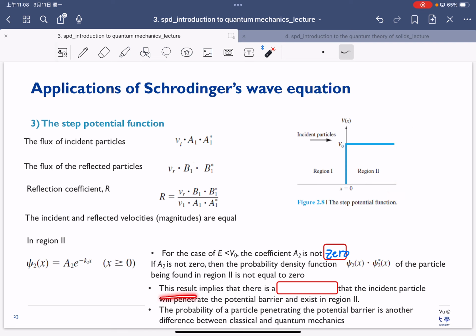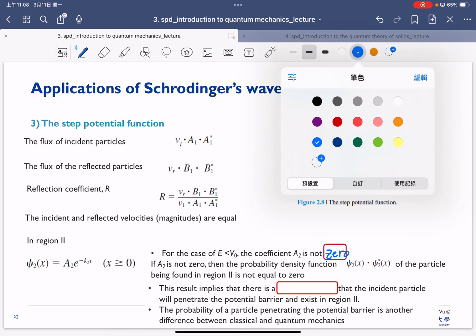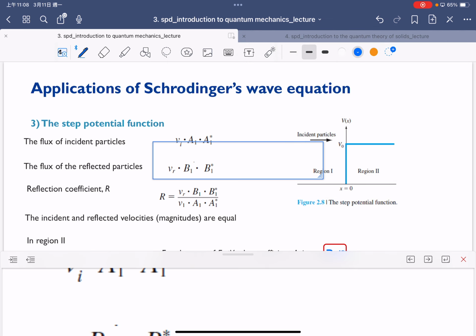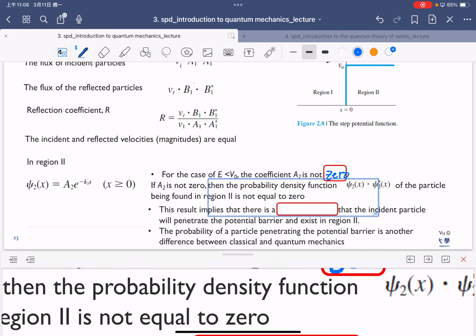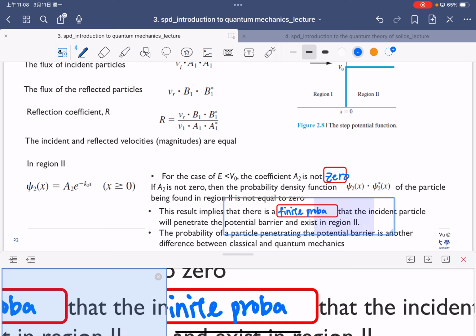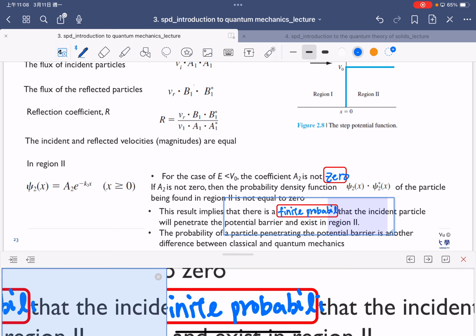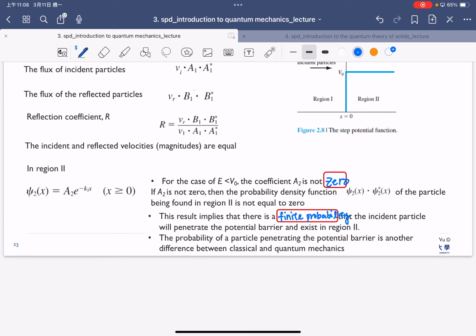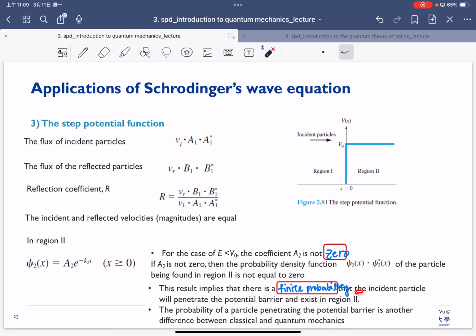So this result implies that there is a finite probability that the incident particle will penetrate the potential barrier and exist in region 2.